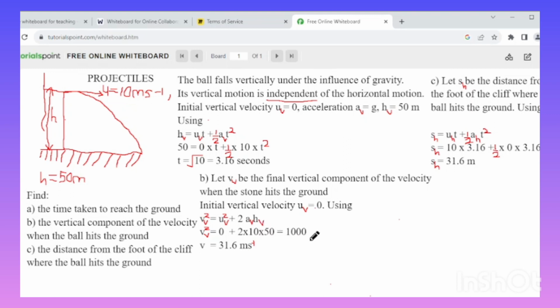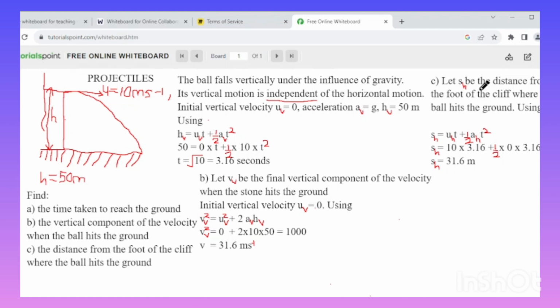If we multiply this, it gives us 1000. So if the square goes to the other side, it becomes square root of 1000, and that gives us our v to be 31.6 meters per second. Okay, let's go to the c part.